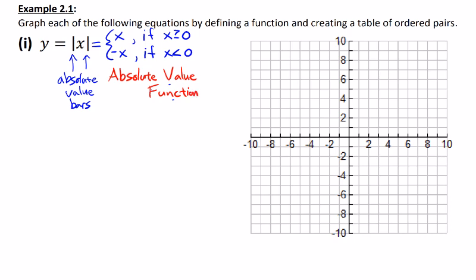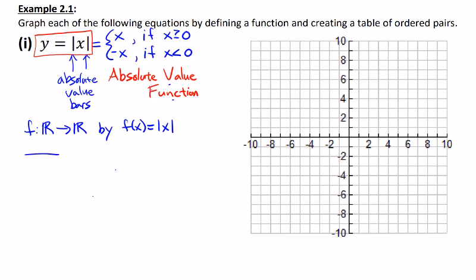For the absolute value function, we don't typically use the piecewise definition. We will use the absolute value bars, because those are usually pretty well understood in the mathematics community. So we'll say f, and we'll say the domain is going to be all real numbers given by f of x equals the absolute value of x.